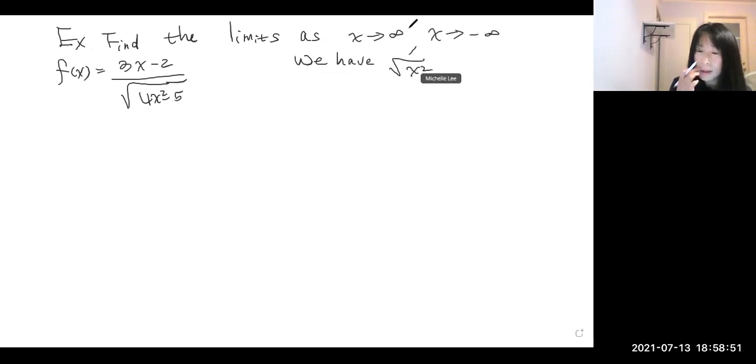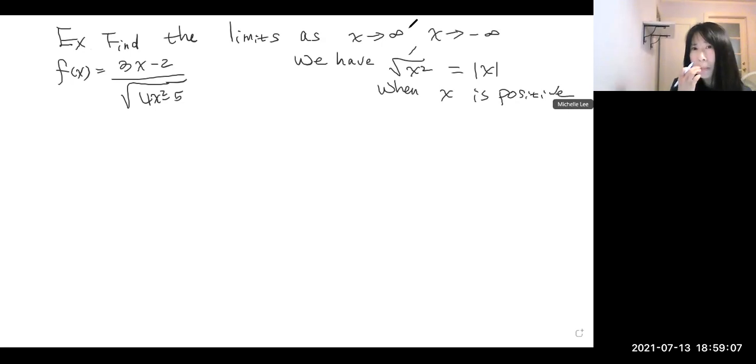Okay, then we have to know this one. When x is a positive number, then we get that, right? From the algebra.